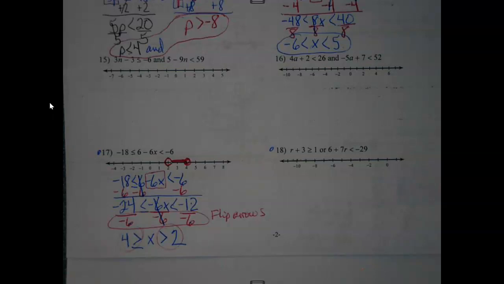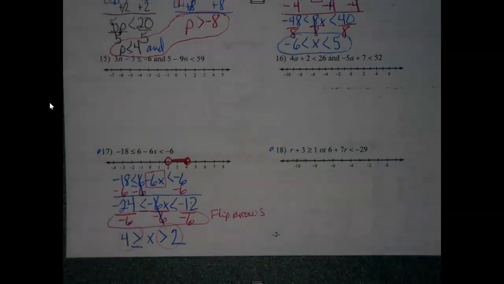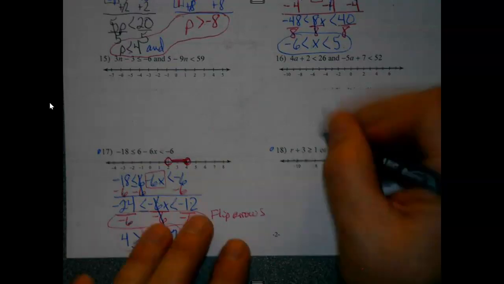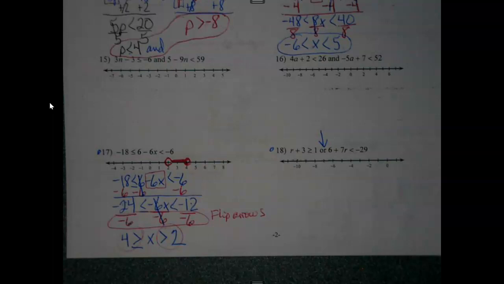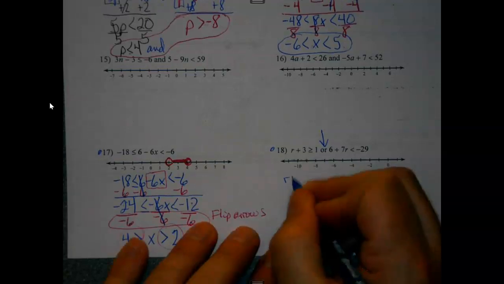And so, I believe I only got one more thing I'm going to throw your way. I'm just checking before I get there. Okay. 18. What's the difference? We're doing "or." Okay, or. The graph's going to look a little different. Let's do this.